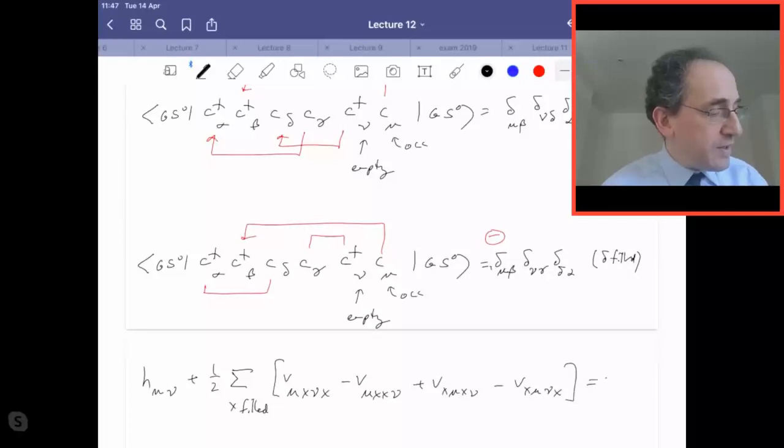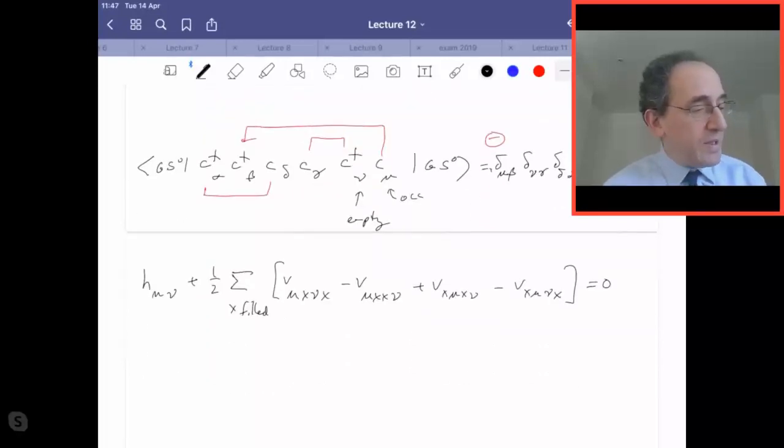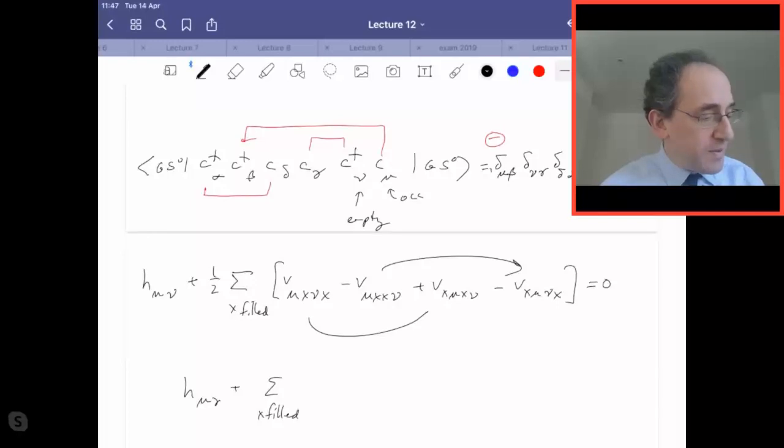And that whole thing should equal 0. And we'll again notice that two of these terms, by the symmetry of v, are the same, and these two terms are the same. So the final condition is h mu nu plus sum over x for the x filled, v mu x nu x minus v mu xx nu should equal 0 whenever mu is filled and nu is empty.